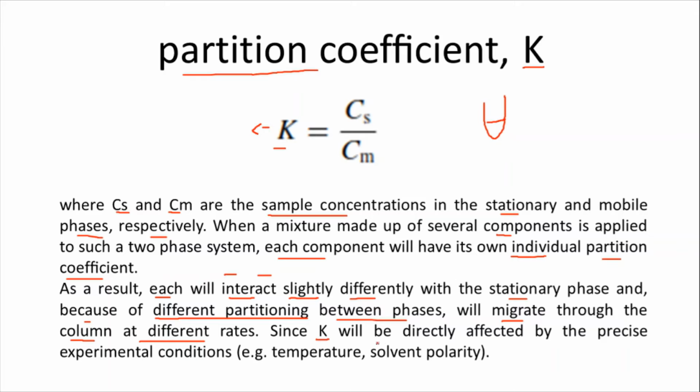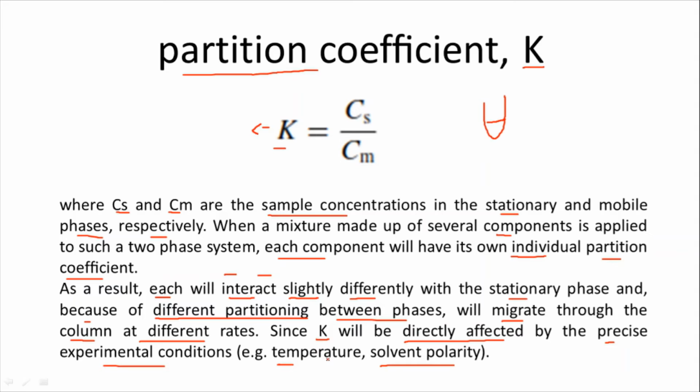So K will be directly affected by the precise experimental conditions. This K, called the partition coefficient, is directly affected by temperature and solvent polarity. What type of solvent you are using, and what type of molecules can dissolve in the polar solvent?